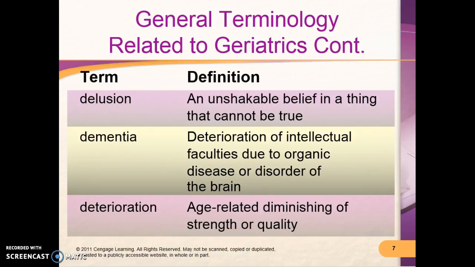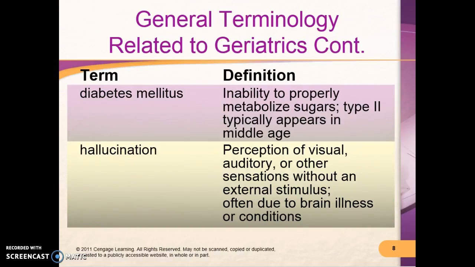Here's another one where we have dementia. Dementia and amnesia go together in a lot of cases, because dementia is a slower deterioration, and it has to do with an actual organic disease state inside the brain in many cases. Diabetes is another common one that you'll see listed, and it's considered type 2 diabetes if it manifests after childhood.